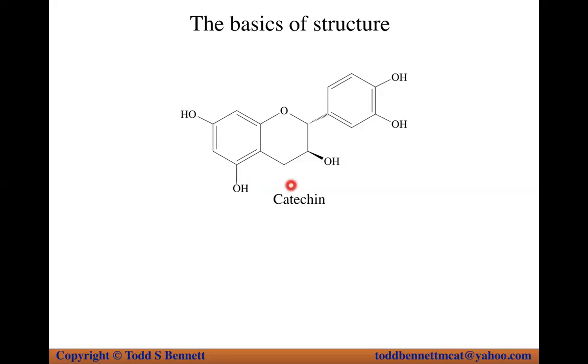Okay, this is a compound known as catechin. It has lots of double bonds, and something you're going to learn is that when you have lots of double bonds, and they alternate, double, single, double, single, and same thing here, and you have atoms that are non-carbon, so-called heteroatoms, oxygen, nitrogen, sulfur, when you have those combined, you typically have a compound that is colored in nature.